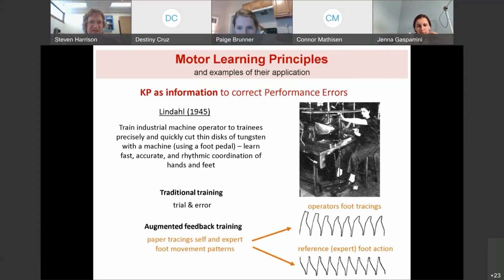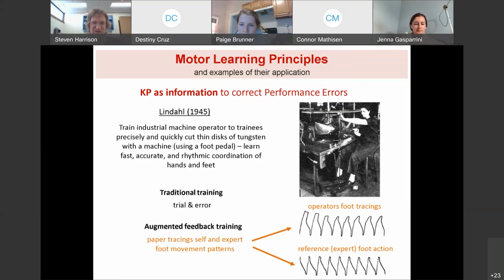In this study, they investigated the potential utility of a particular type of augmented feedback training. So what they did is that they created tracings of the particular type of patterns of motion that were being created by an expert and by the operator each time they used the machine.